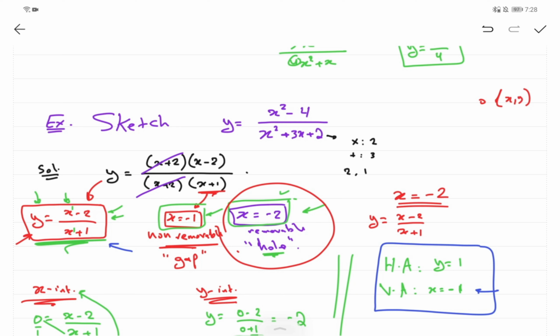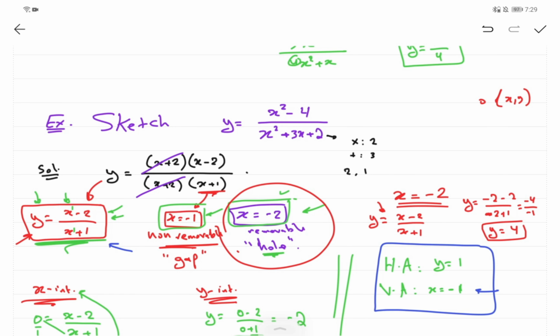So we know the value of x, we need to find the value of y by substituting in the function. When x equals negative 2, y will be negative 2 minus 2 over negative 2 plus 1. So it's going to be negative 4 over negative 1, which is positive 4. y equals positive 4.